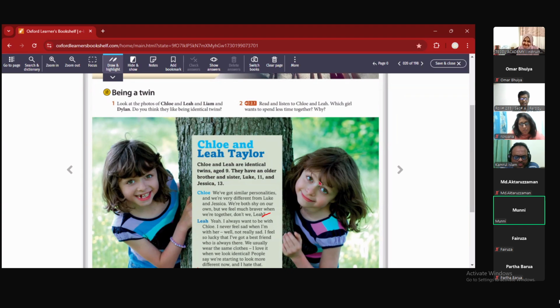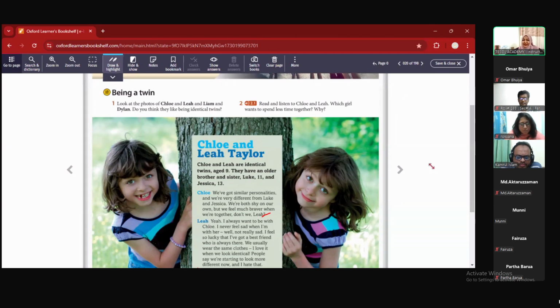Because Chloe thought they are growing up, they have to separate anytime. So it's better to spend less time together. Right. Good. Although they're very young, it's too early for them to think that, right? But they already started thinking that way.